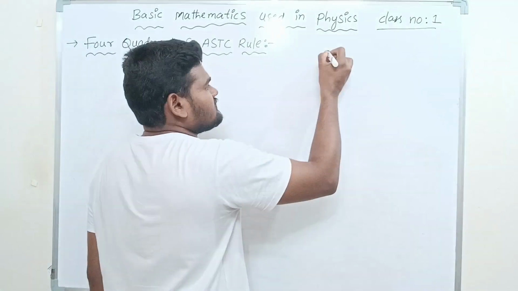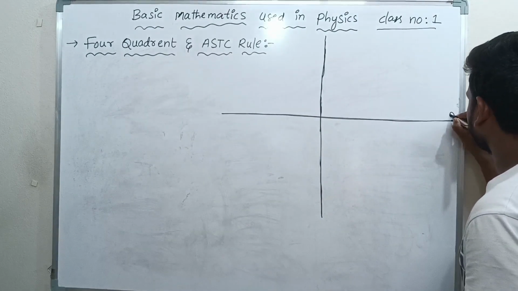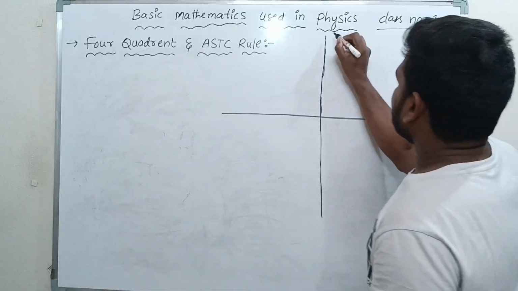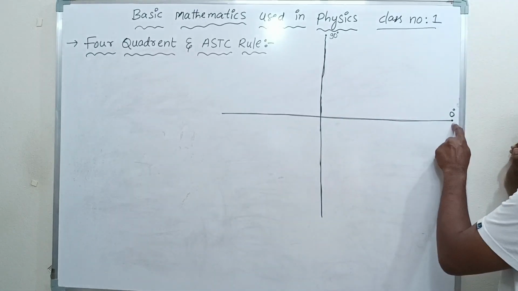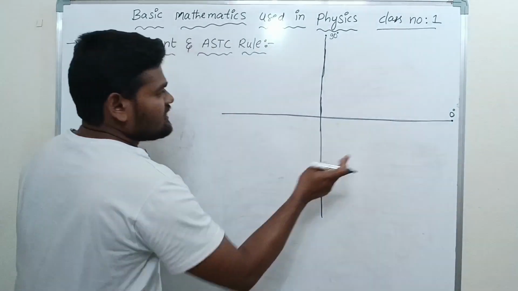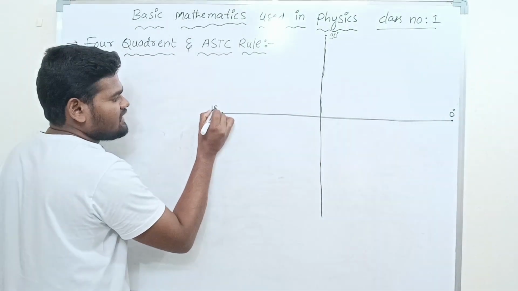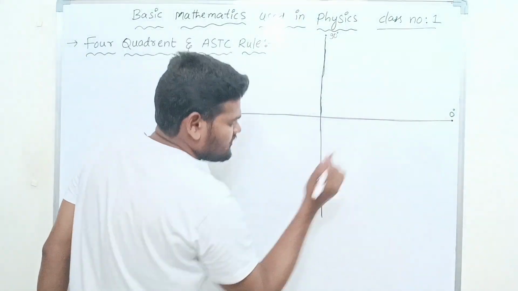I'm taking this point as 0 degrees, that means the starting point, and this angle is 90 degrees because this side is perpendicular to this side. From the starting point, this point is at 180 degrees, a semicircle.